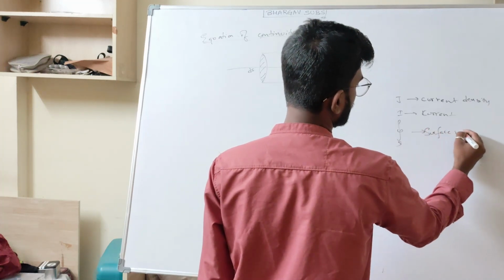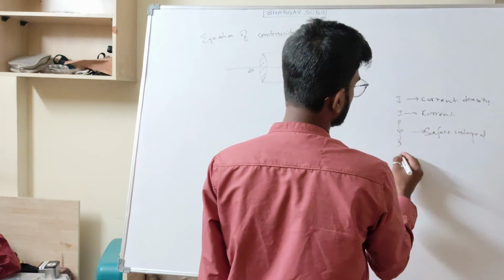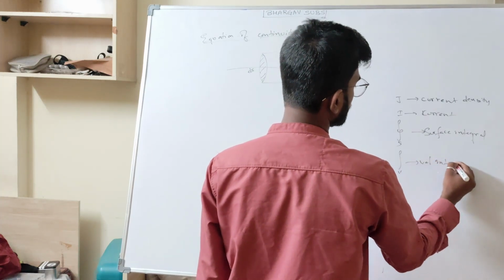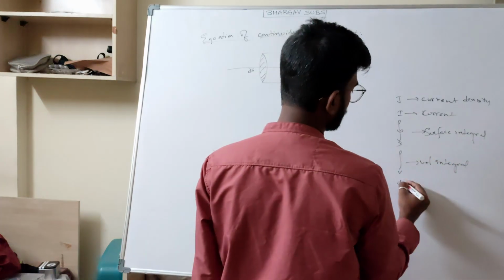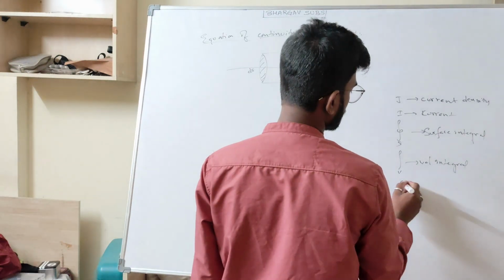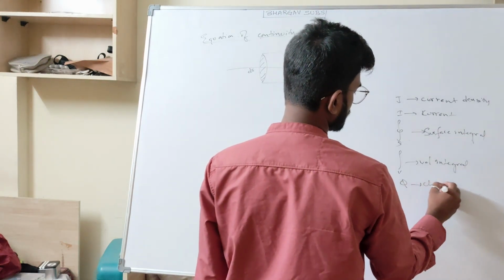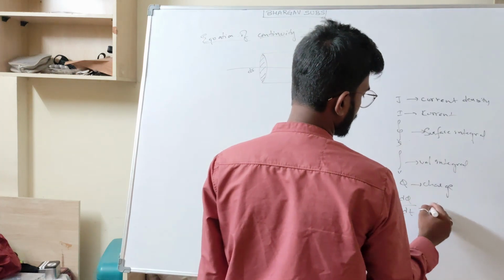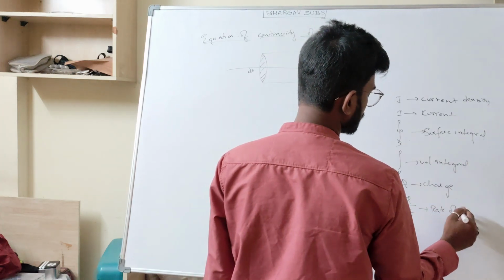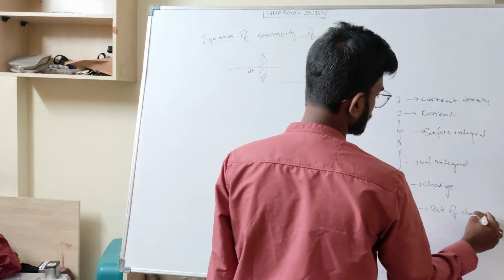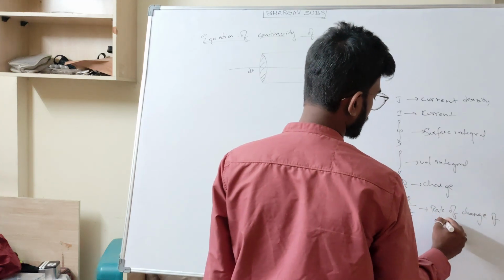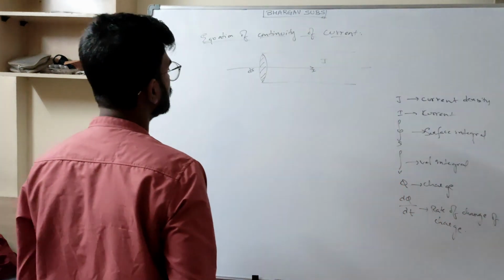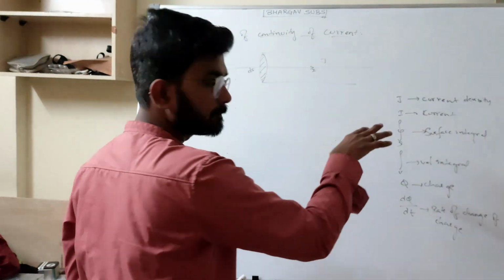Surface integral. What does this represent? Volume integral. What does this represent? Charge, Q. What does this represent? Rate of change of charge. So now the current was flowing inside.